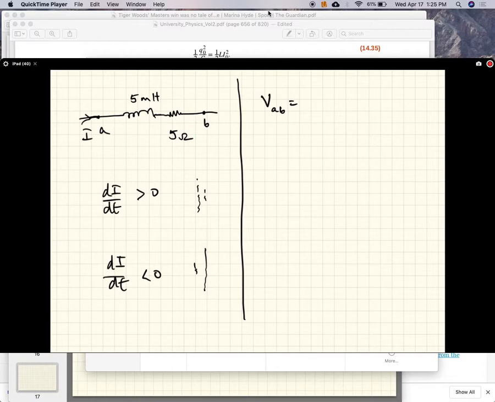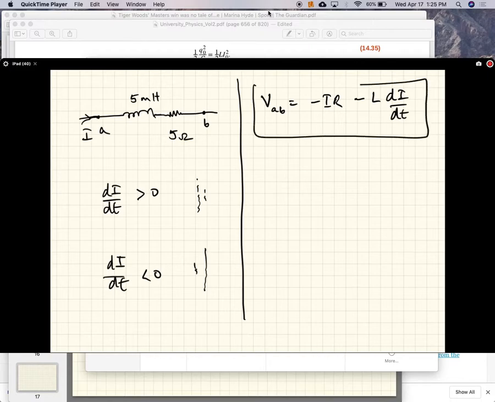So it's minus IR, and minus L times di by dt. That's the voltage across the inductor. Now we just have to add the two terms. So let's be careful and make sure we understand what's happening at each time. This is the expression, and we'll apply it in each case.